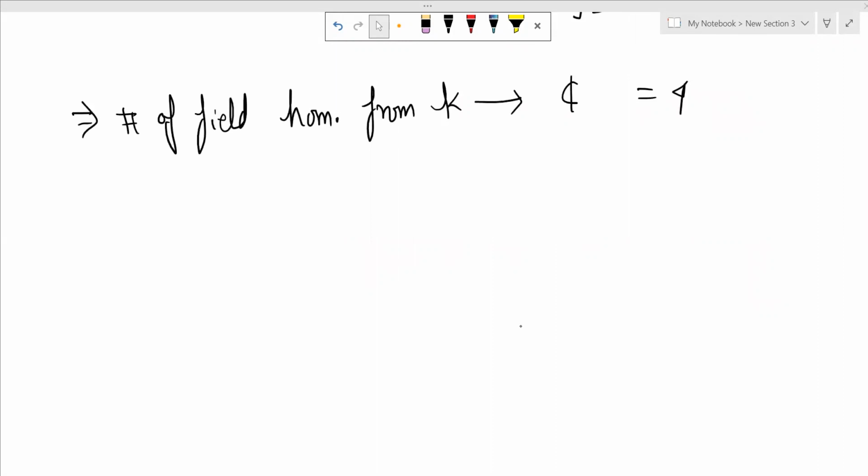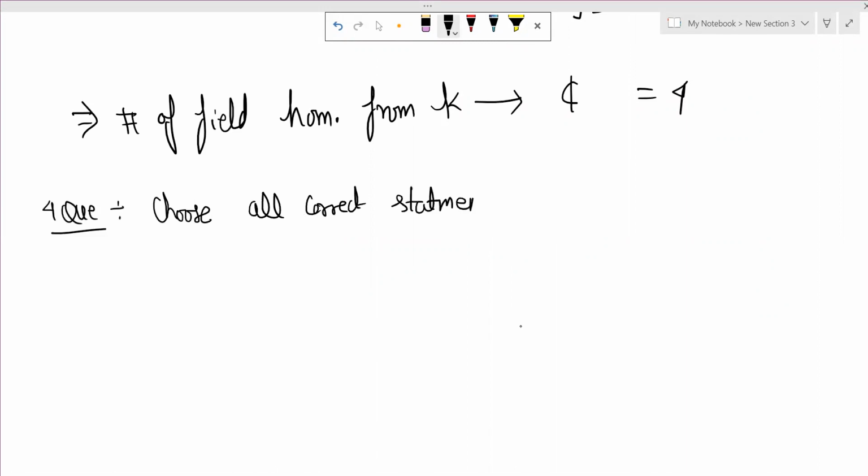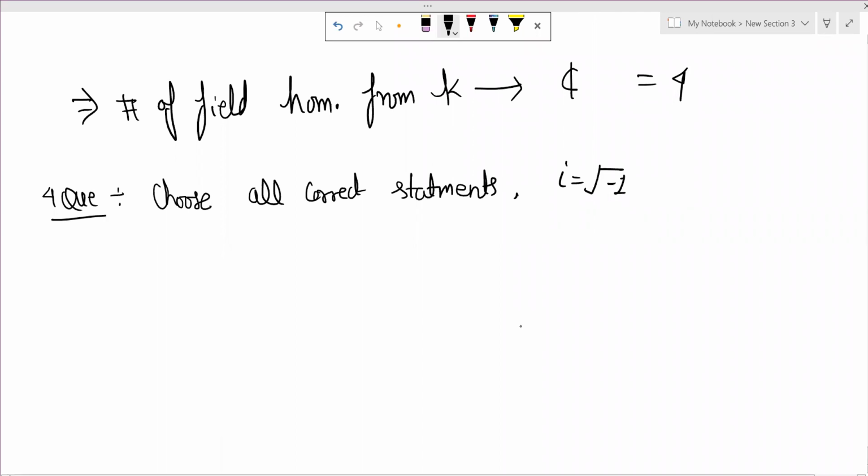Fourth question. This is the first option.